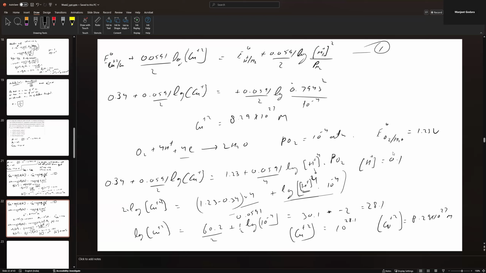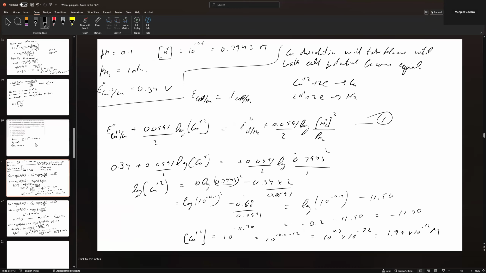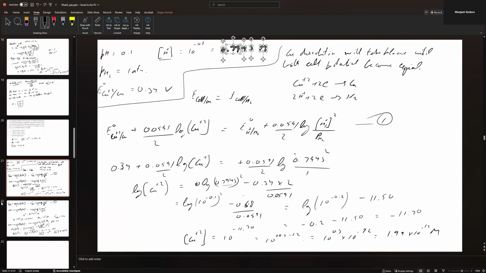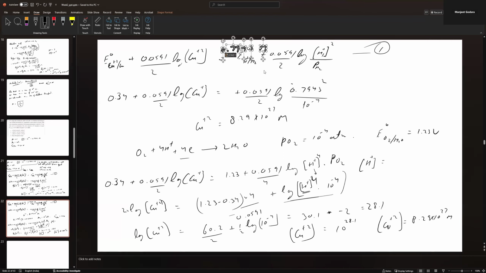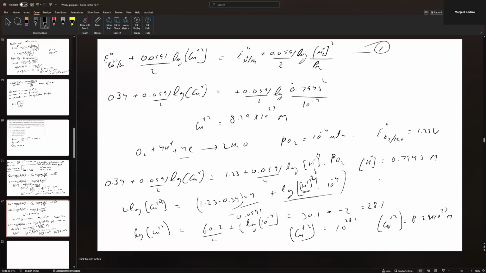No, no. Yeah, so put that value here, then you should get the correct value. I assumed this H+ was 1. Okay, I think you guys can do it.